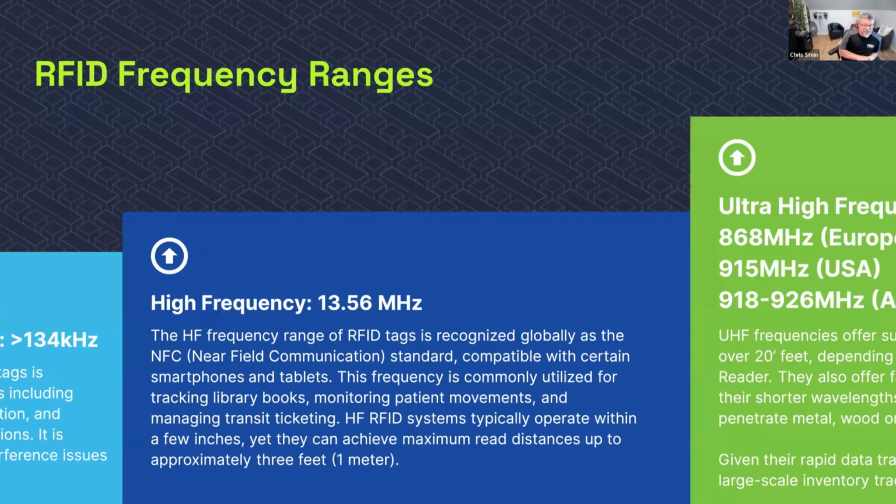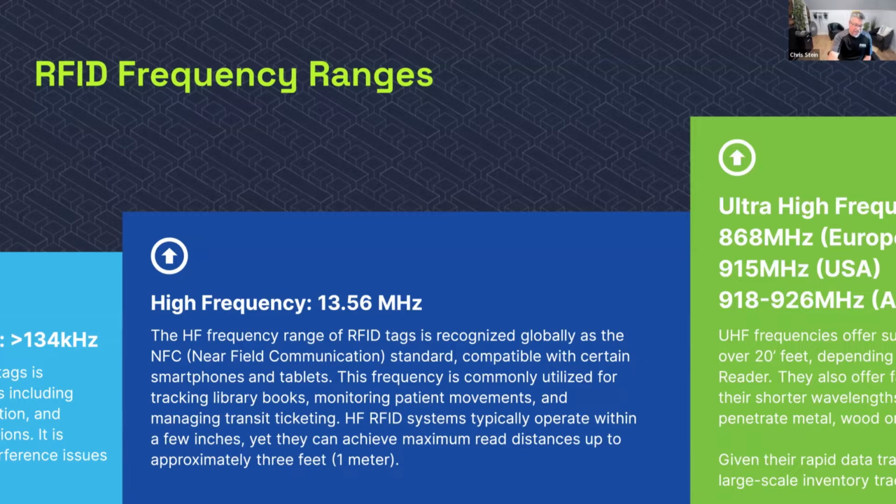High frequency is another frequency range. Typically, this is where the tap to pay or near field communication functionality is, like a little credit card size product that you use to enter your hotel room. As I'm walking down that hallway, I'm not opening every room or my room.